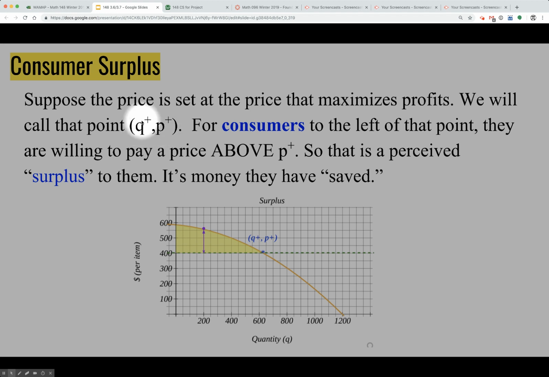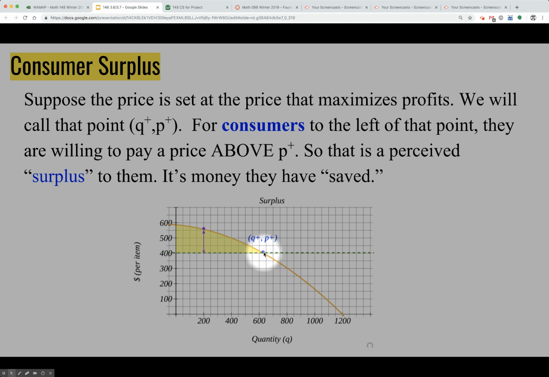In fact, the way that we got this point was we took the derivative of the profit function to find the quantity, Q plus, that maximizes profits, and then we plugged that into the demand function to get its corresponding price. And those two values go together and create a point on the demand line, which you can see down here, which is this orange curve. So I've labeled the best quantity and best price together as a point on the demand curve.